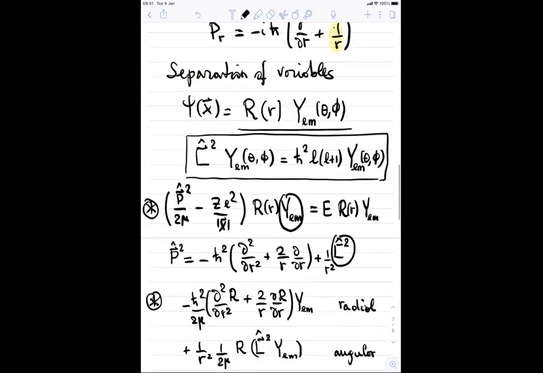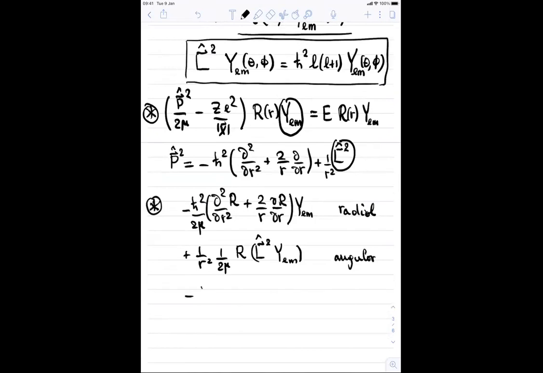So I have minus Z e square over the distance, which is r really, times r times Y lm. Now this object should be equal to E times R times Y lm. I'm just substituting the separation of variables for the wave function. Is it clear so far?